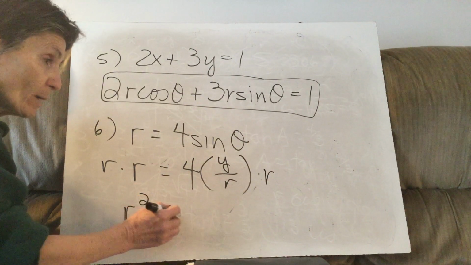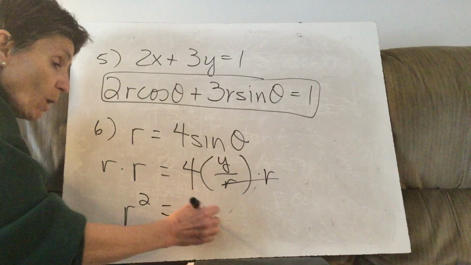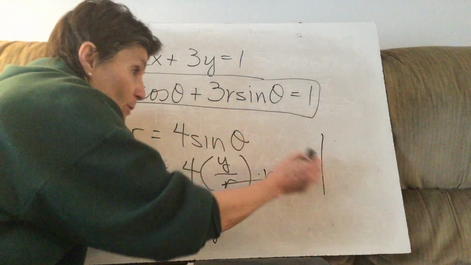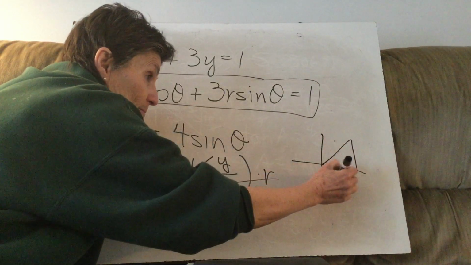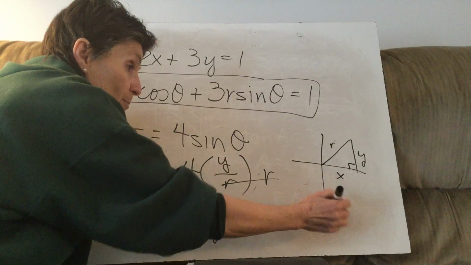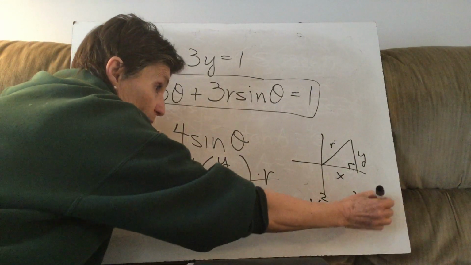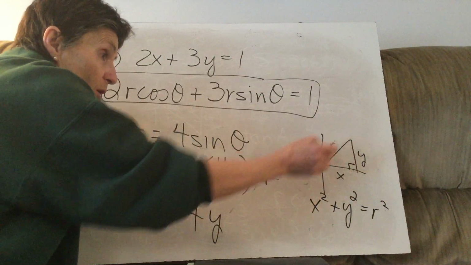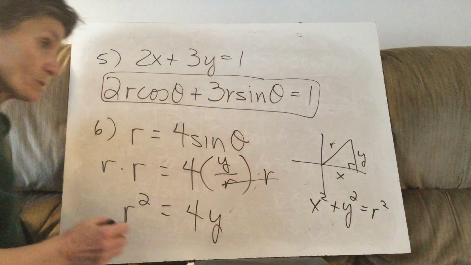So we have r squared equals 4y. And then we remember our Pythagorean theorem that says x squared plus y squared equals r squared. If this is x and this is y, that's r. x squared plus y squared equals r squared.